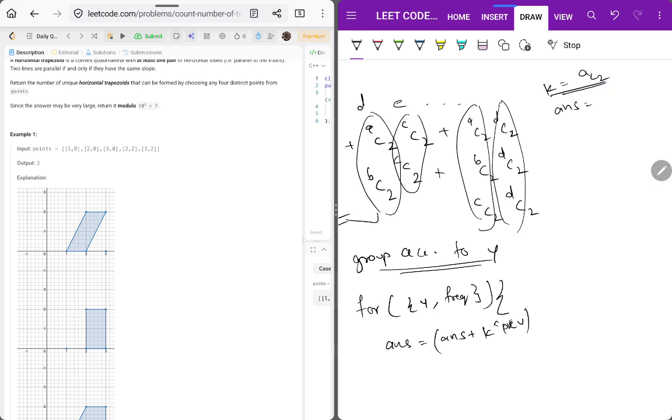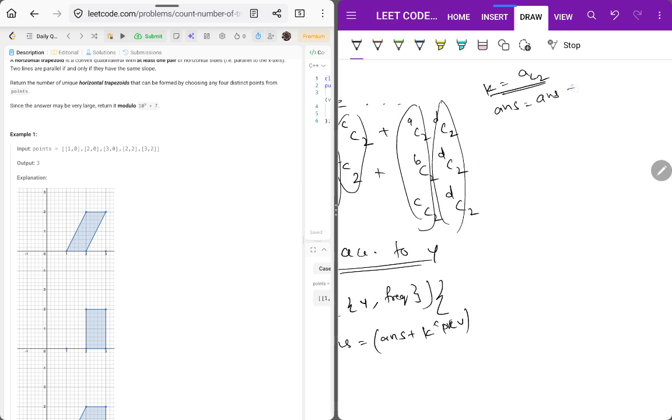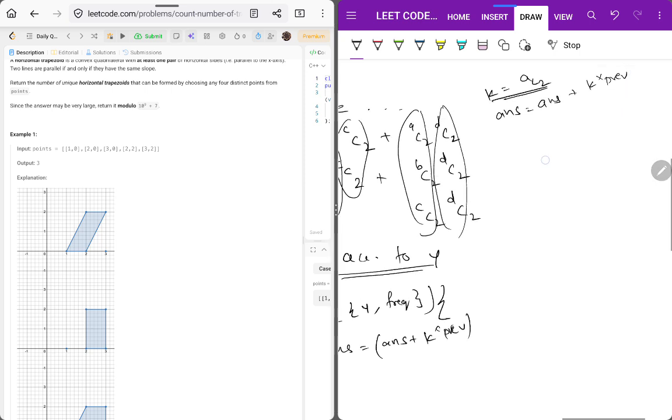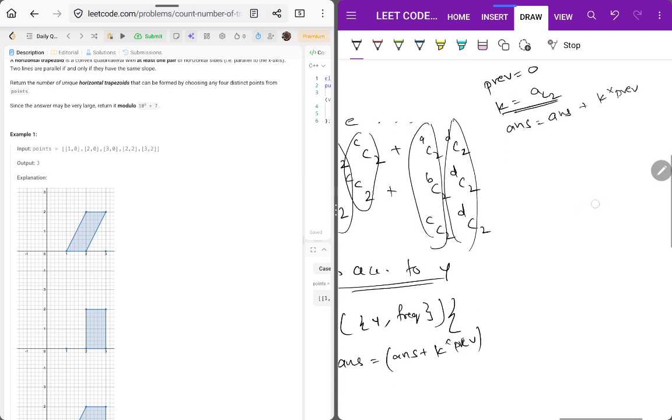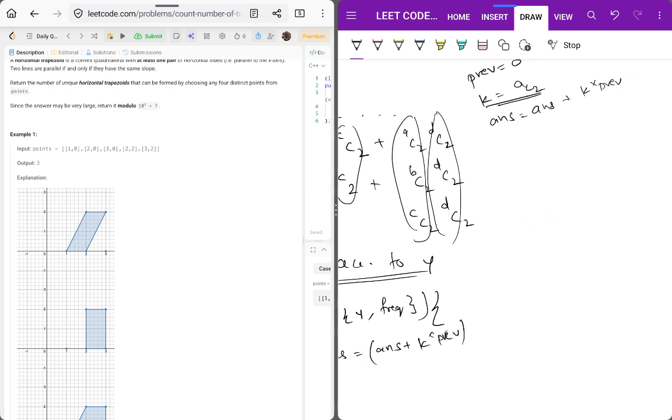Once k has been computed for AC2, the answer will be k into the previous, and the previous value will be 0. So answer will be k into previous. Now that previous will change, and previous will be previous plus k.